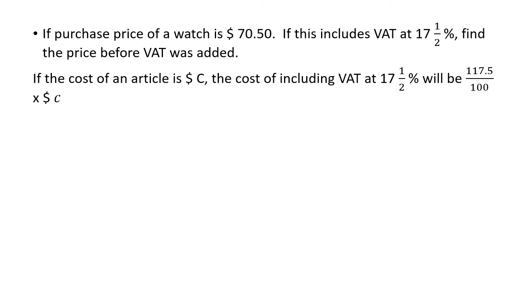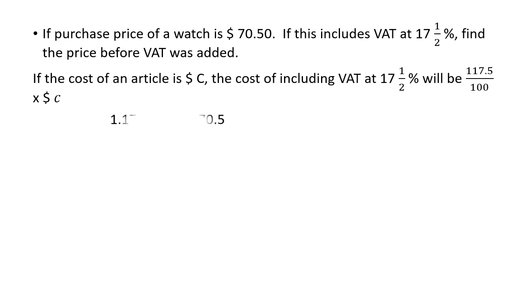The cost including VAT at 17.5%, we know we have to add it to 100. It's an increase. VAT we have to add to 100, percentage 117.5. Then 117.5%, we want to write it as a fraction, 117.5 divided by 100, and multiply it by that amount C dollars.